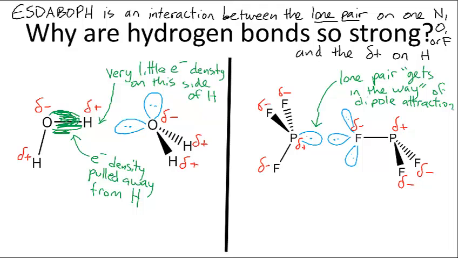So there may be some attraction between the phosphorus and the fluorine because of the partial charges, but it's not able to form as strong an interaction as it is in the case of hydrogen. So that's what makes hydrogen bonding, or Estaboff, a unique phenomenon compared to other dipole forces.